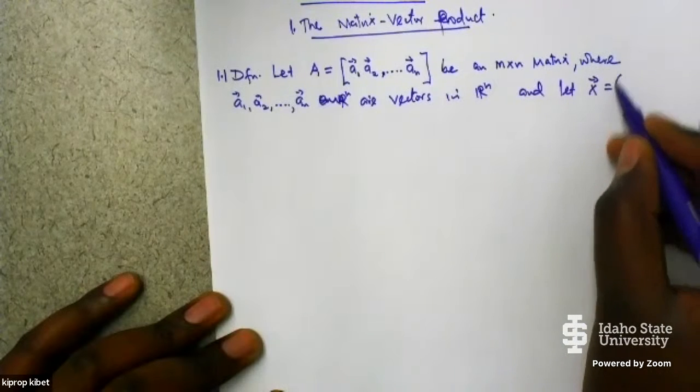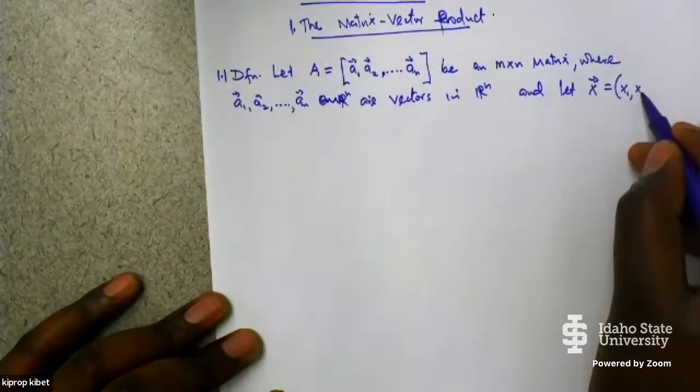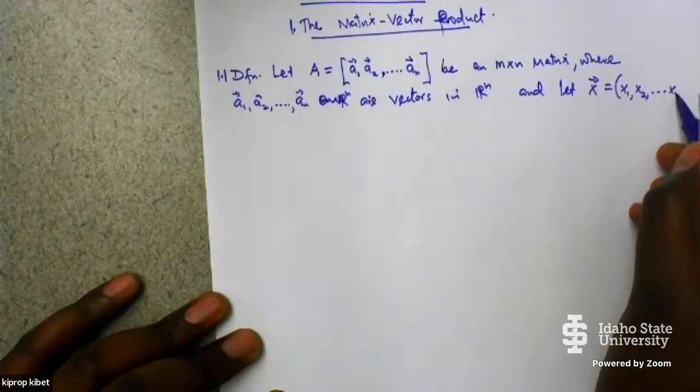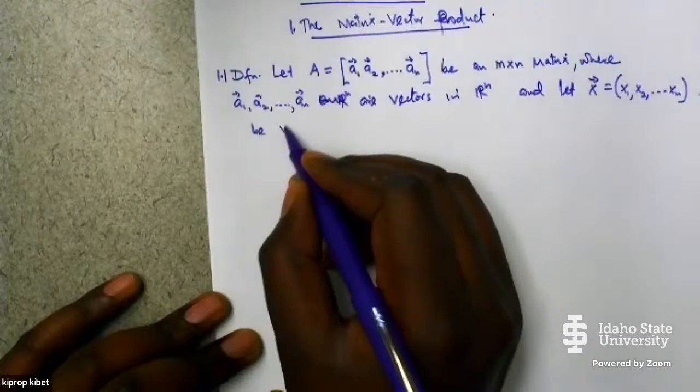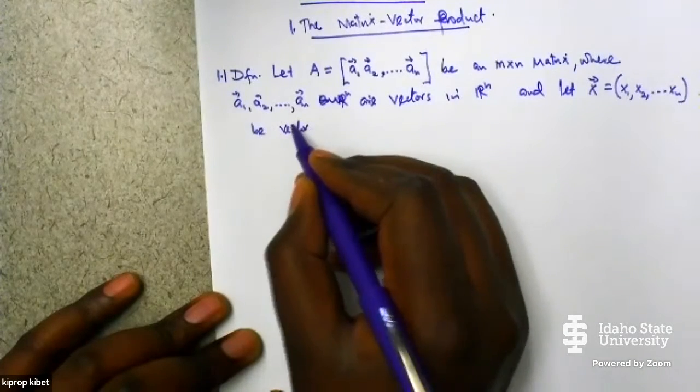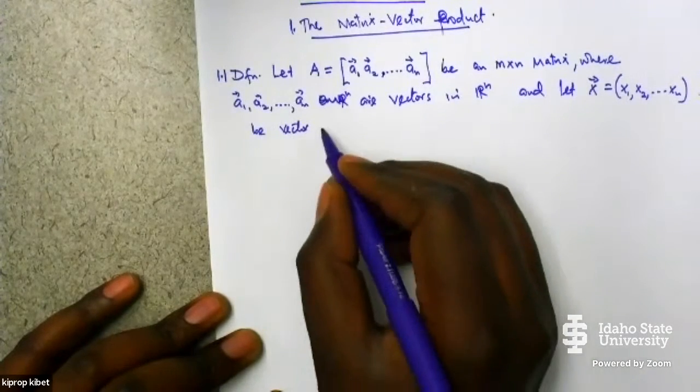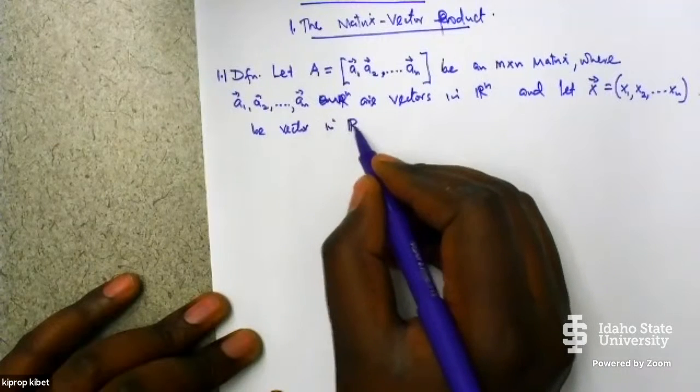And let x be equal to [x1, x2, ..., xn], a vector that is also in Rn.